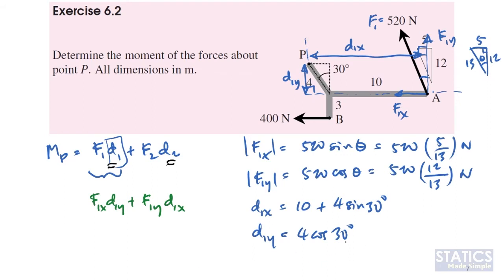Right? Once we have this, we can calculate this portion of MP, which is f1 times d1. So that's what we are going to do. So f1 times d1 now is equal to this part here, okay? 520 times 5 over 13, f1x, times d1y, 4 cos 30 degrees.